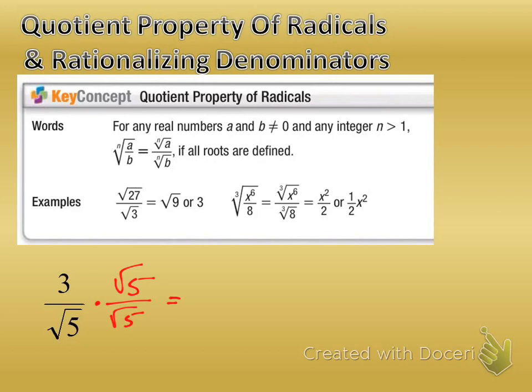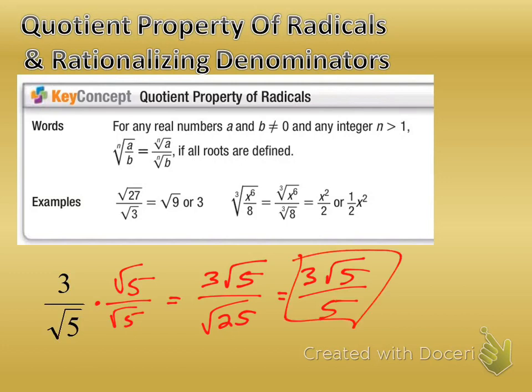Which gives you a numerator of what? Three rad 5. Denominator of rad 25. And then the square root of 25 is what? 5. So you get 3 rad 5 all over 5.